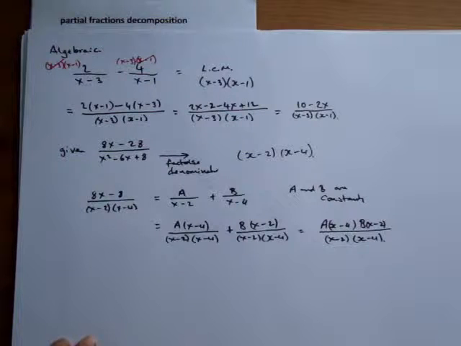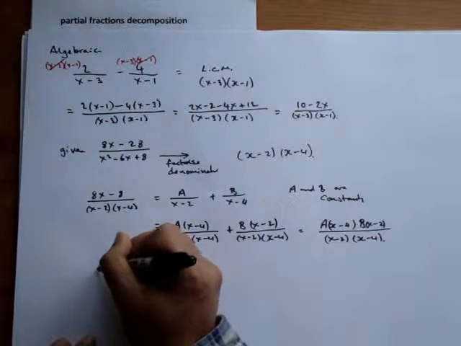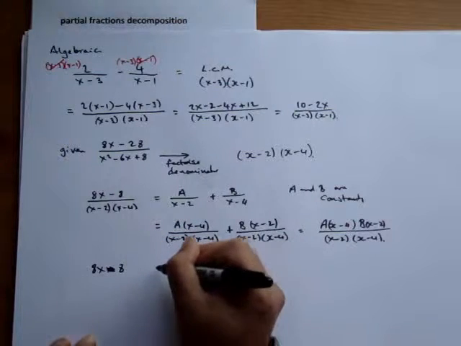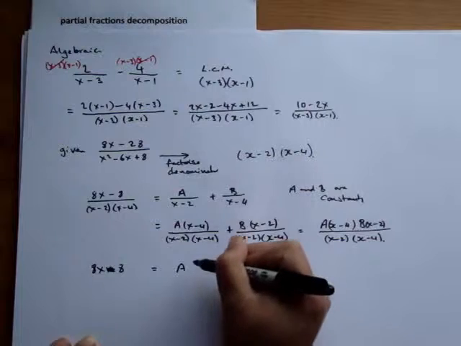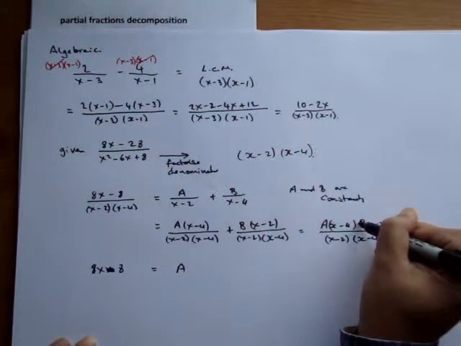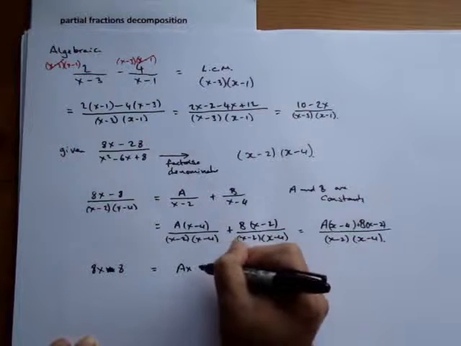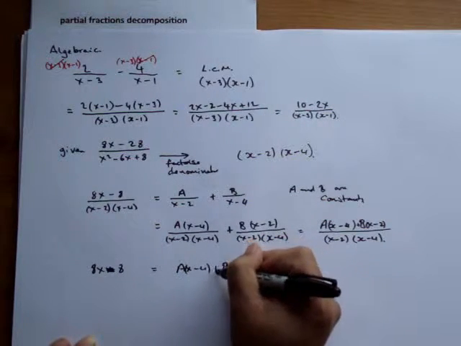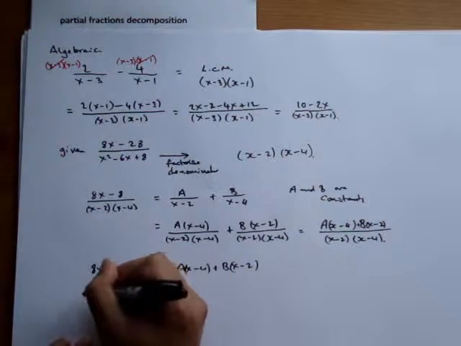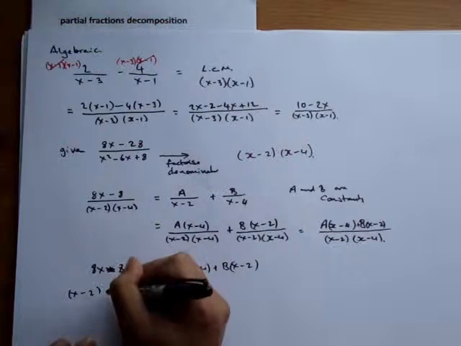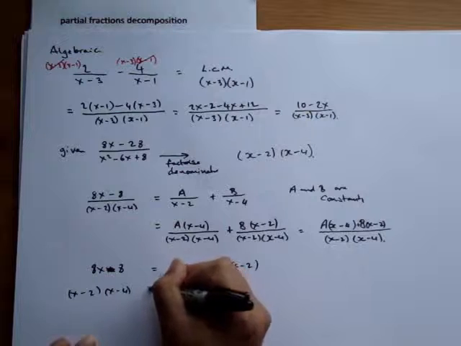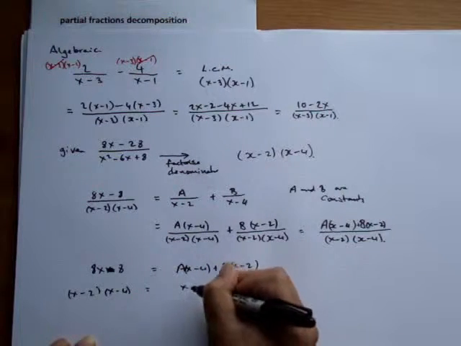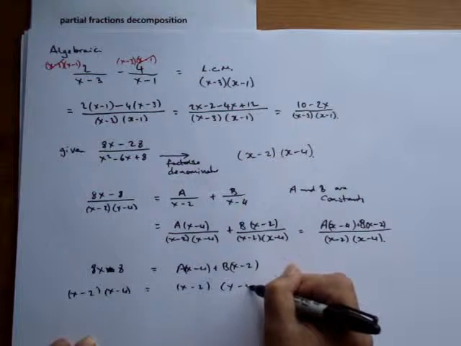So in the numerator, 8x minus 28 equals A(x minus 4) plus B(x minus 2), and the denominator (x minus 2)(x minus 4) equals the denominator in this case, which was (x minus 2)(x minus 4).